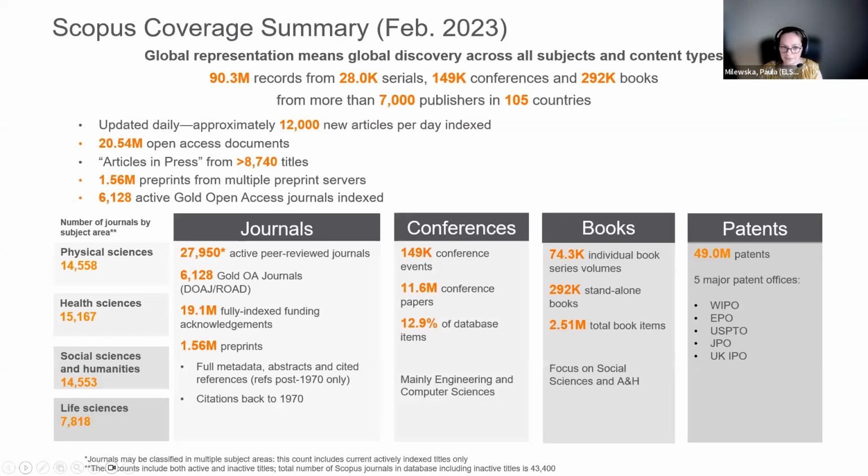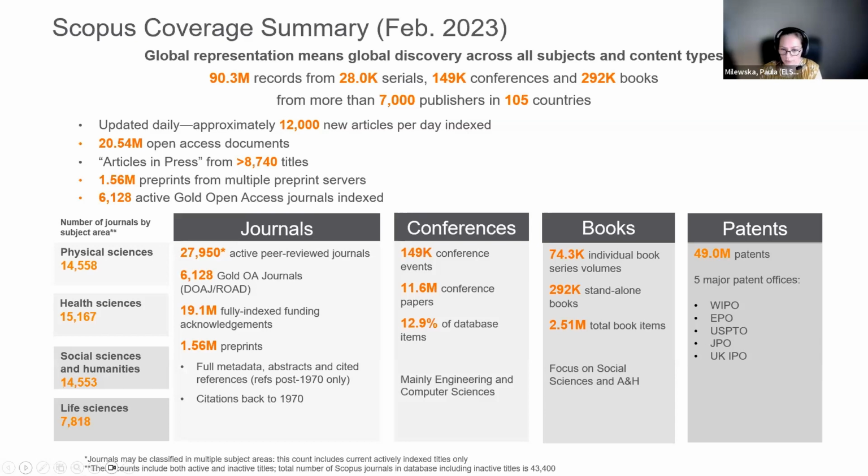And please also remember that Scopus is a very active database. It is updated daily, and approximately 12,000 new articles per day are indexed. So this is a huge number of new papers.